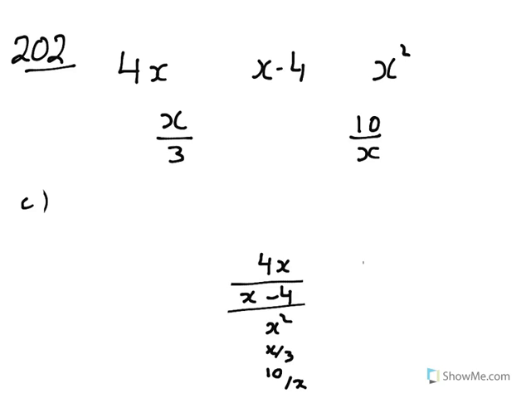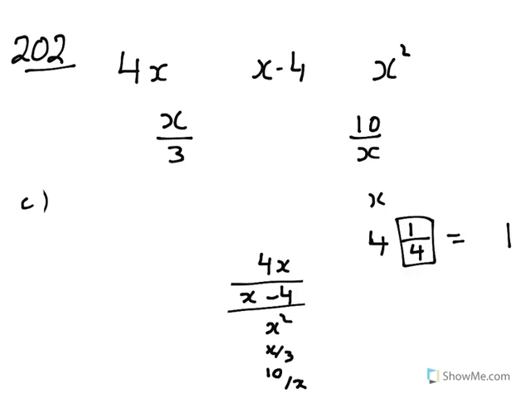So we want 4 times x to equal 1. The only value that x could be, because we want 4 times a quarter, is a quarter. So x must equal a quarter to get the answer 1.